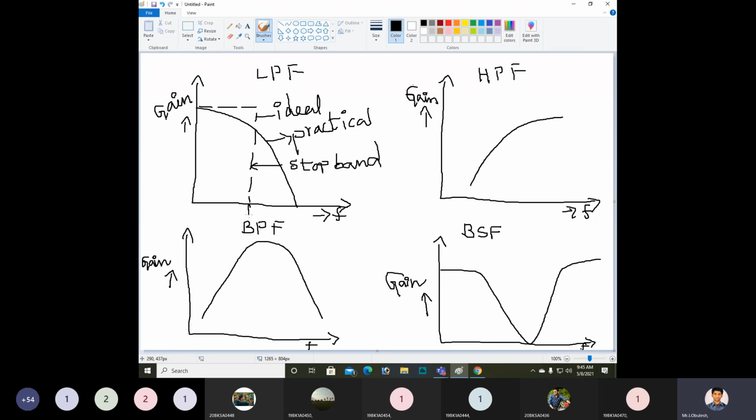So this is the frequency at ideal case. This indicates the stop band. This is the pass band.